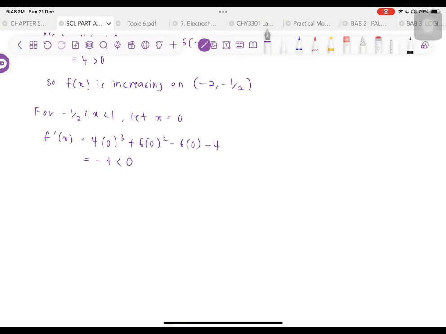And we will get -4, which is less than 0. So the function is decreasing on (-1/2, 1). And lastly, for x more than 1, we will let x equal to 2.